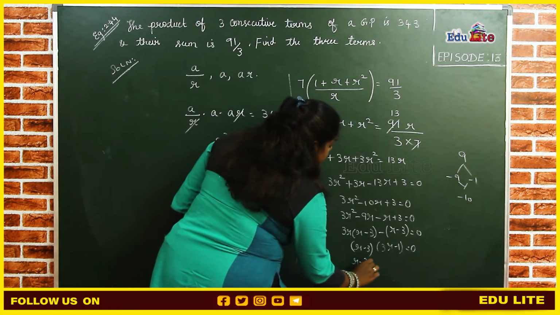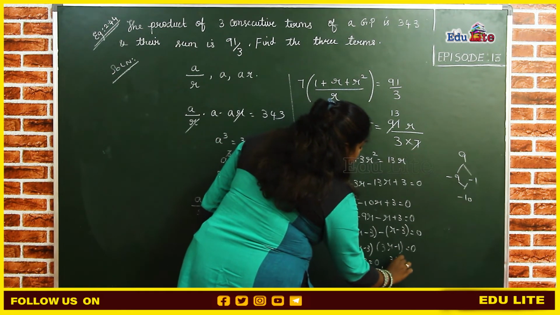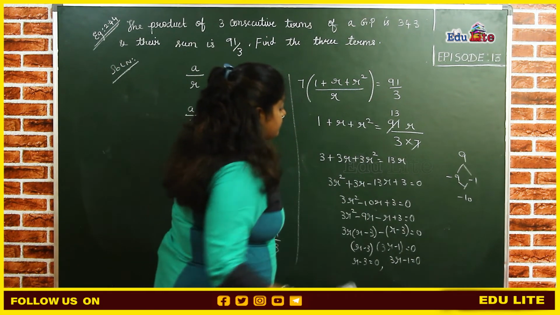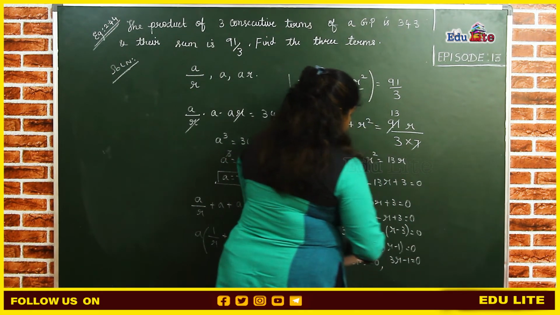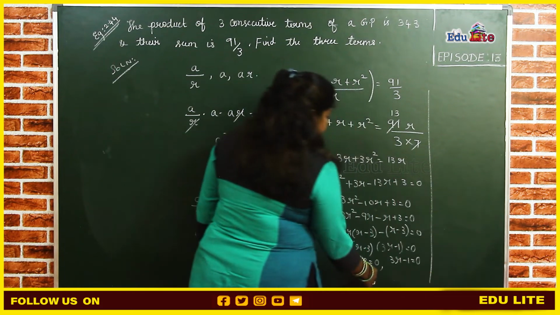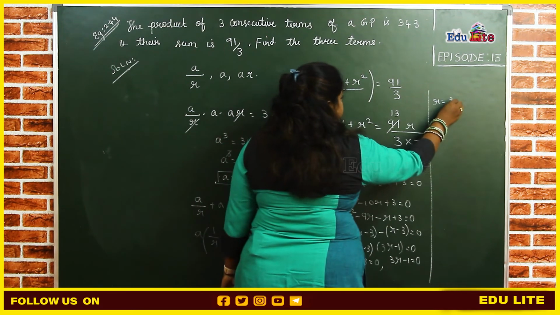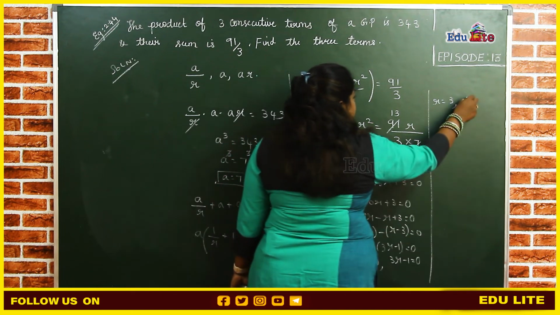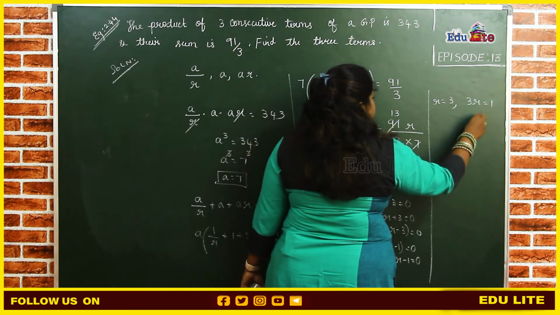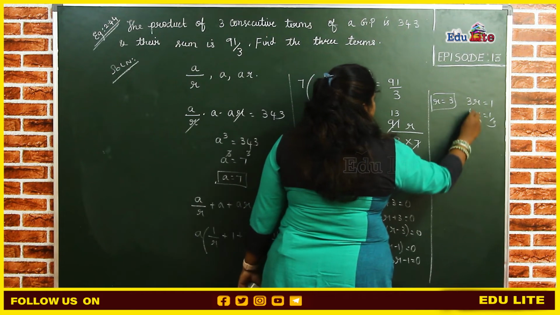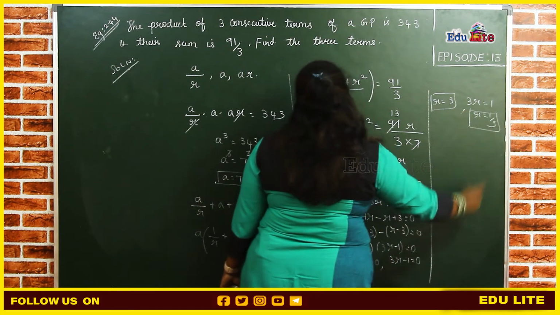R minus 3 equals 0 and 3r minus 1 equals 0. R minus 3, if it goes to the other side, becomes r equals 3. Similarly, 3r minus 1, 3r equals 1, r equals 1 by 3. So we got the value of r as 3 and 1 by 3.